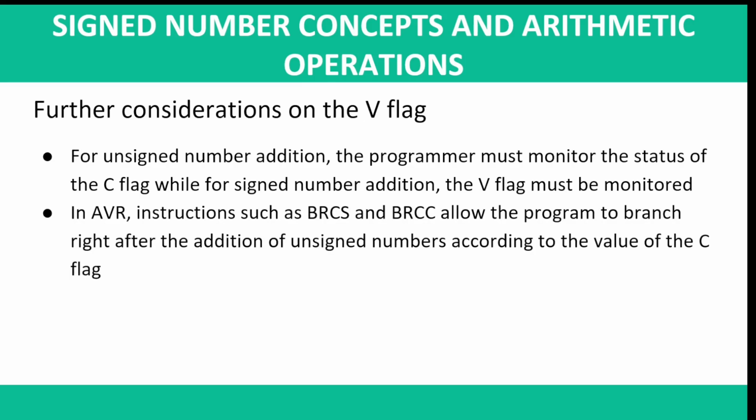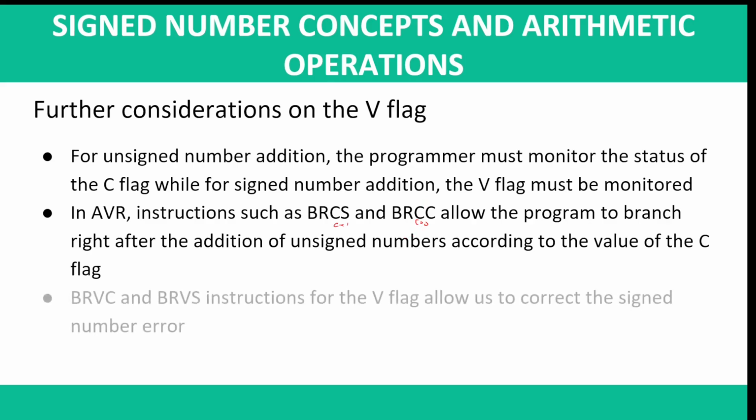In AVR, instructions such as BRCS and BRCC allow the program to branch right after the addition of unsigned numbers according to the value of the carry flag. BRCC is branch if C is equal to 0, and this one is branch if carry is set, equal to 1. Is that clear? So C is equal to 0.